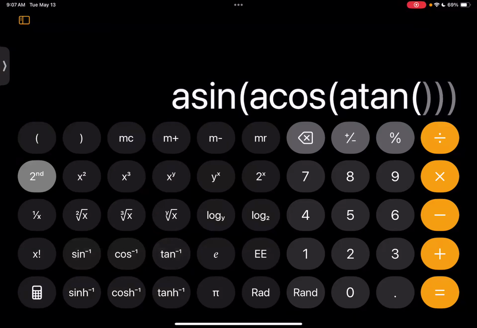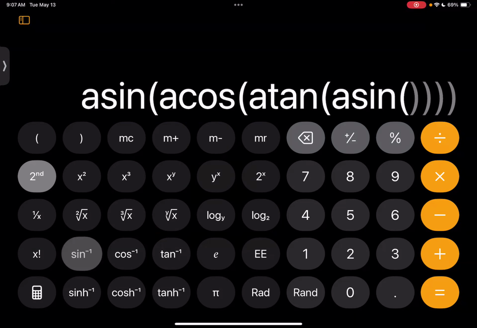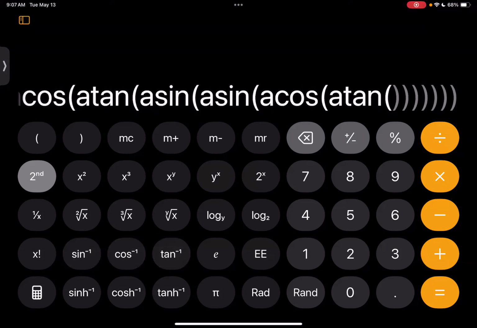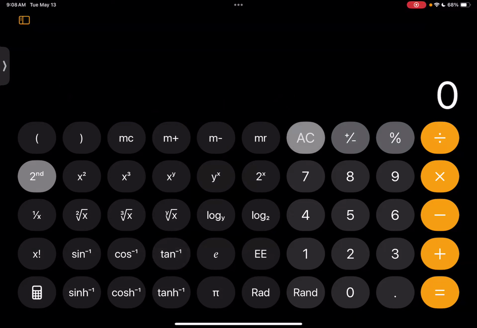On your iPad or iPhone, it says a-cosine or a-sine or a-tangent. That's the same thing as inverse sine, inverse cosine, or inverse tangent. So we're going to run through some examples, and we do need our calculator for this.